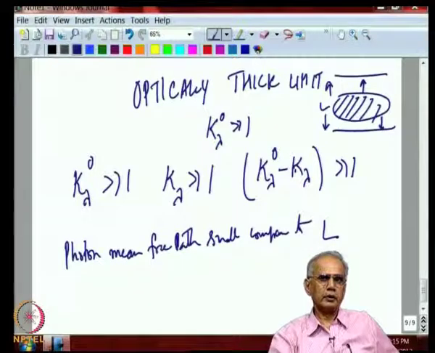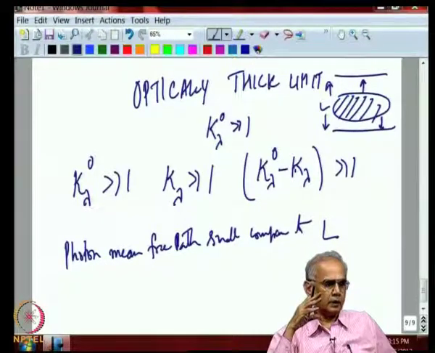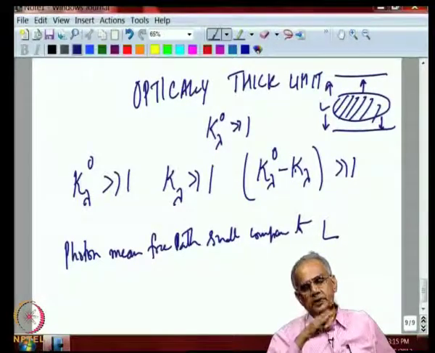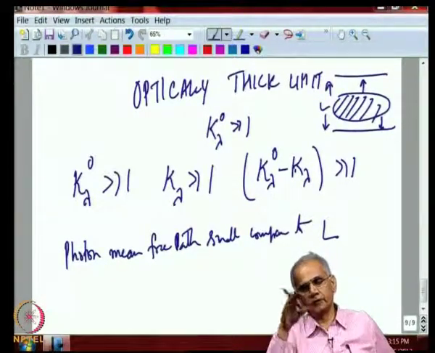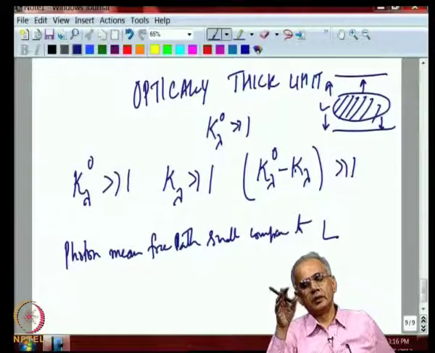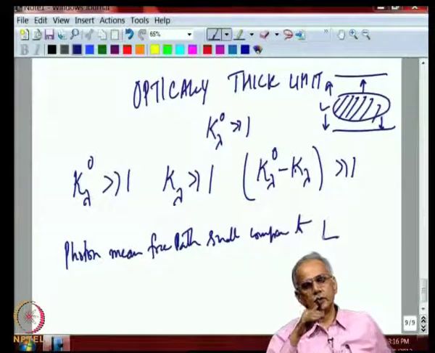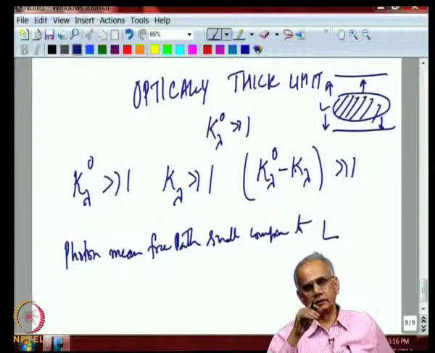So, in that limit, the gases in the interior will only see adjacent layers from where the emissions are occurring. They will not see the two walls because they are very far and the radiation emitted by the wall is absorbed right next to the wall, and so the elements which are in the interior do not normally see the two walls.